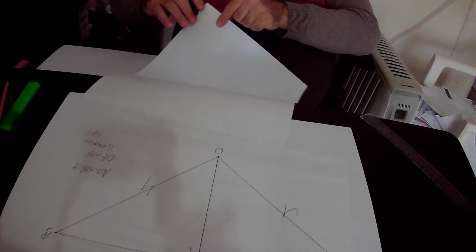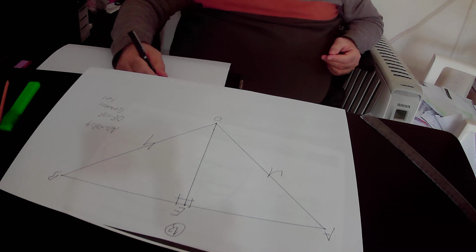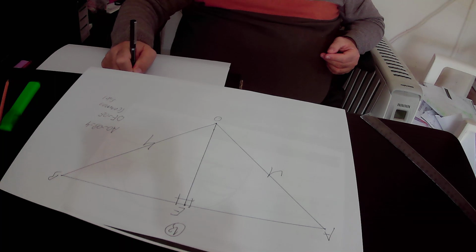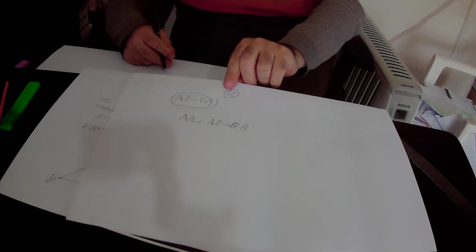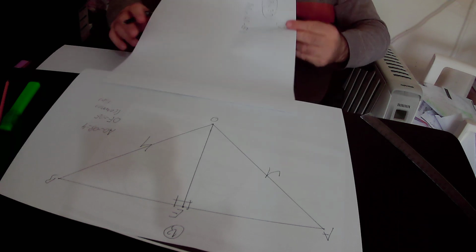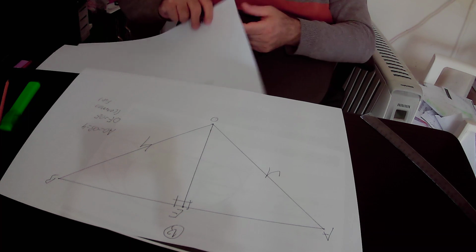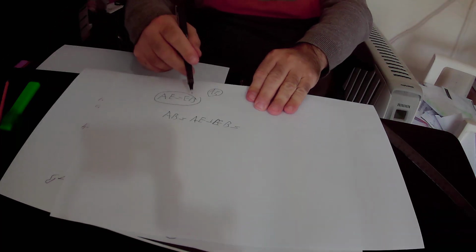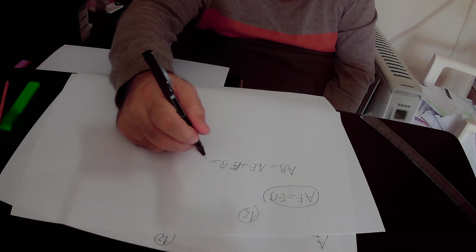And what is the value of AB? From the drawing, you can see that AB equals AE plus EB, but we have already proved that AE equals EB, so we can substitute AE in this equality by EB. So we get that AB equals EB plus EB.